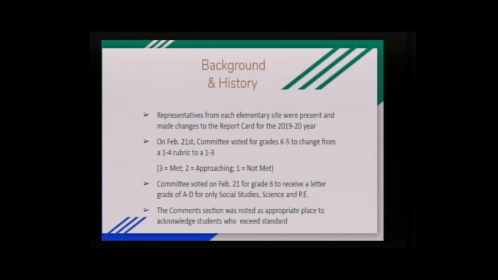And then for the very point that one of our parents spoke of, specifically transitioning to the junior high, the committee detailed for 6th grade to go to letter grades A through D. So the rationale was so that there would be a smoother transition to the junior high level when in fact they receive letter grades.